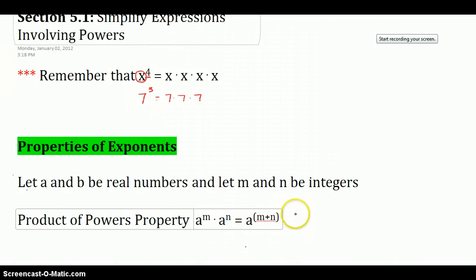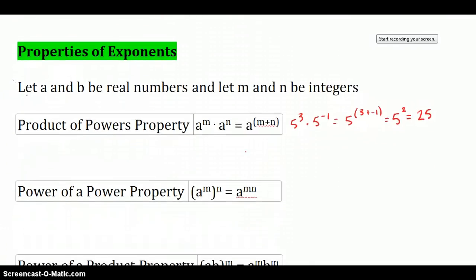If we had, for example, 5 to the third power times 5 to the negative 1 power, what you're going to do to rewrite that is take the base, which in our case is 5, and you're going to add the powers. So we would have 3 plus negative 1, and if we simplified that, that would just be 5 squared. And this is in exponential form.